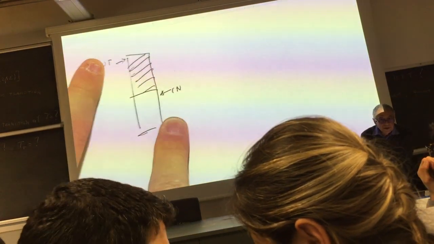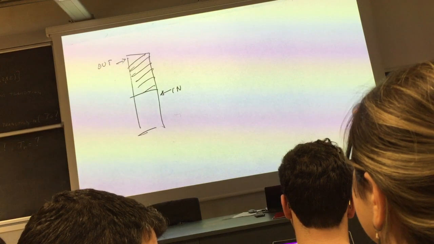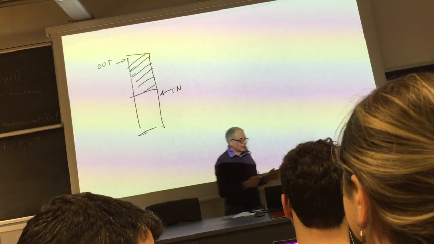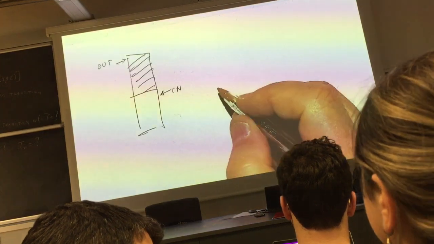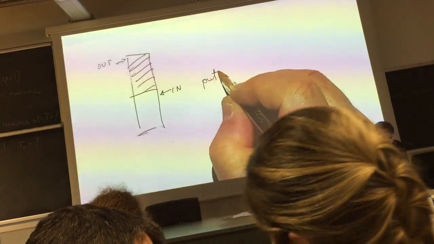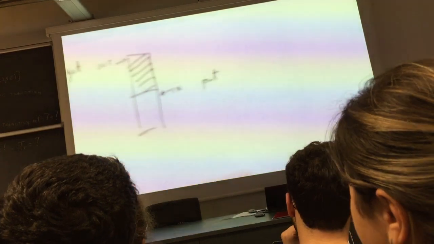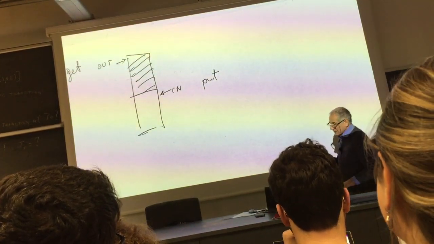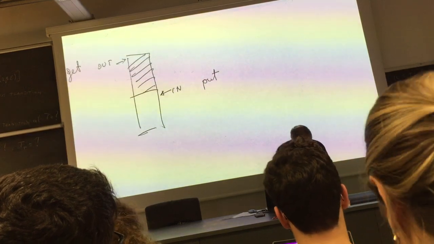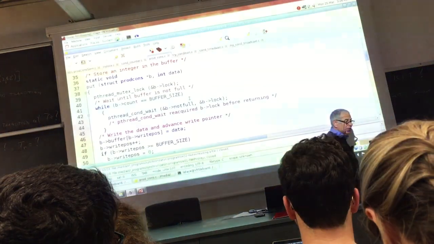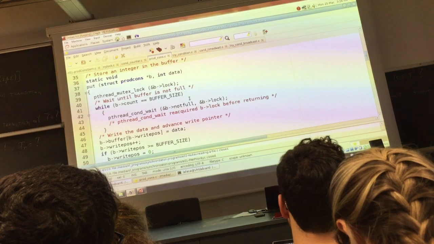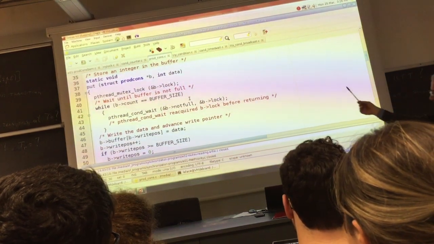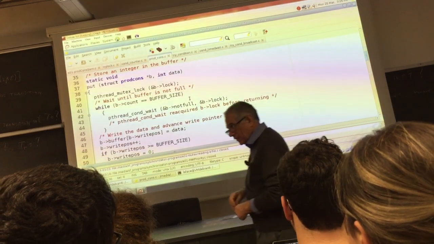Since they don't point to the same element, a producer and a consumer may work at the same time. So I can put and get at the same time in concurrency. While using conditions, of course, I cannot do that, because both work in mutual exclusion.